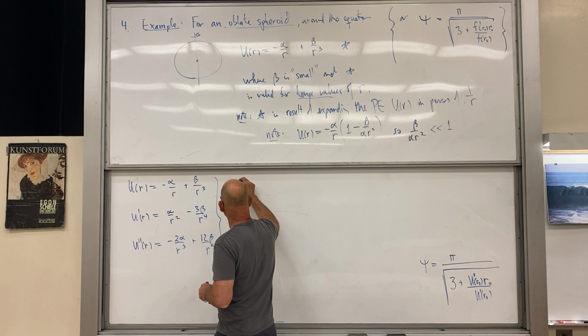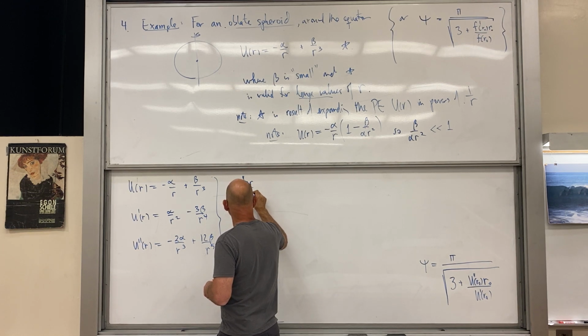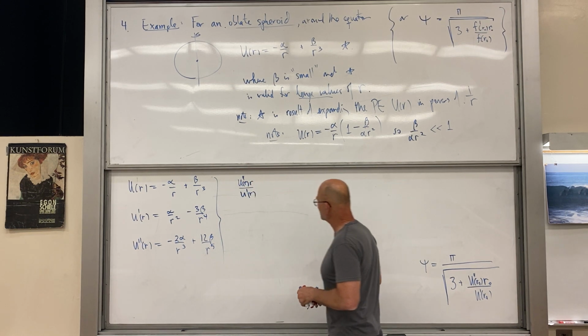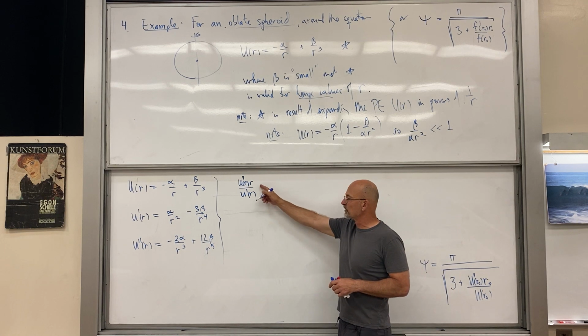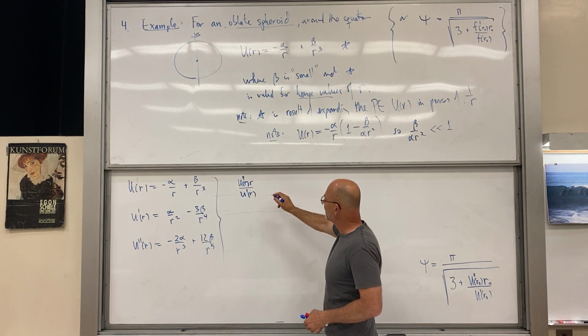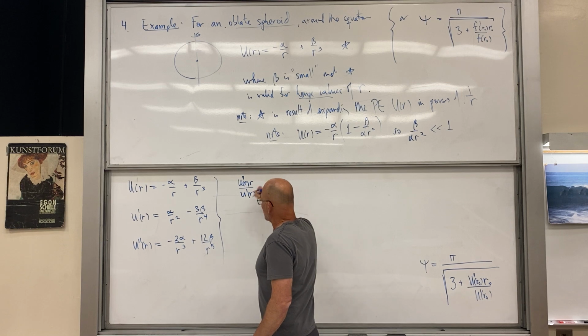So we have u double prime of r, and I'm not going to write the subscript for the circular orbit.